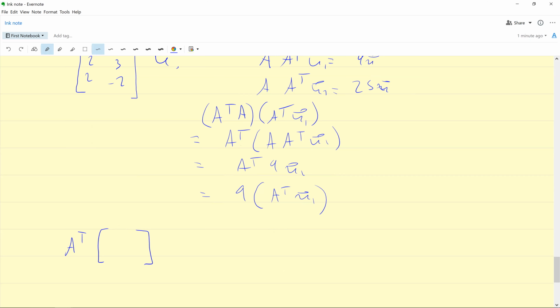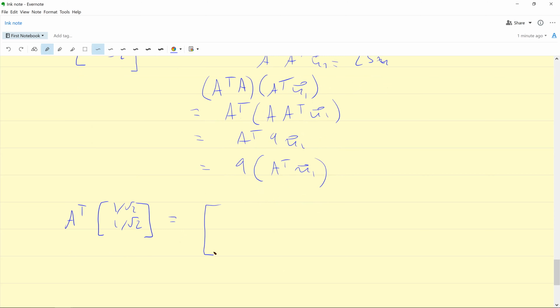That was the one where they're both positive, right? Yes. Okay, I got the same thing actually. 1 over root 2, 1 over root 2, and then 0.